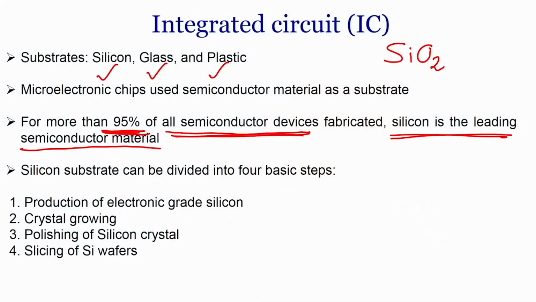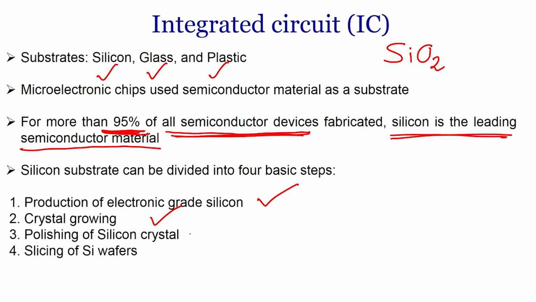If you come back to the screen, silicon substrate manufacturing can be divided into 4 basic steps. The first step is production of electronic grade silicon. The second step is crystal growing, you have to grow the crystal.